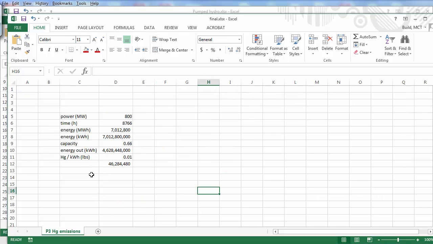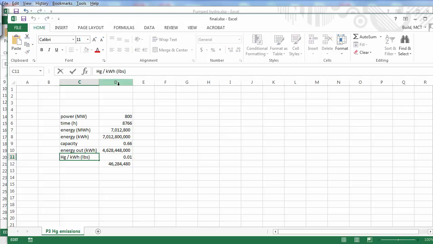Are you looking at the answer? I don't know the answer. Well, listen. 66% of 8,760 is 5,700. Is it megawatts or megawatt hours? Times 5,000.